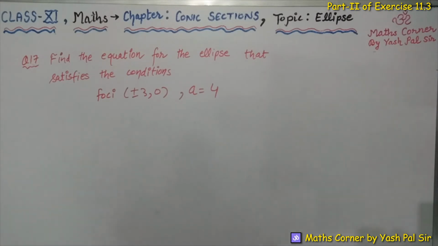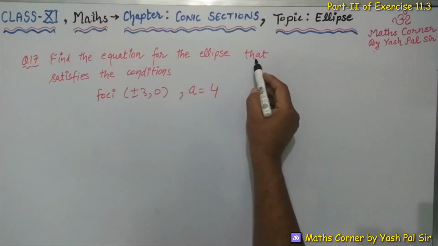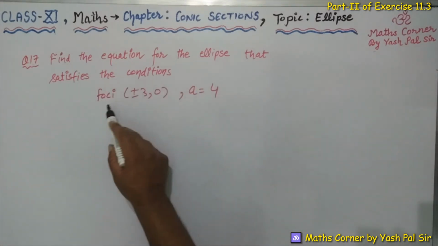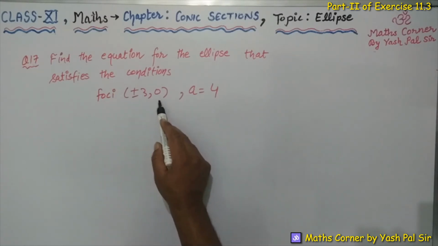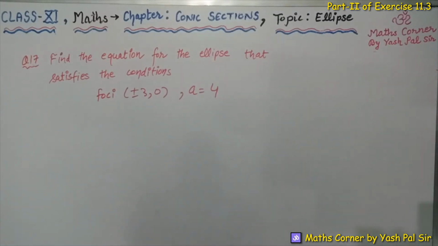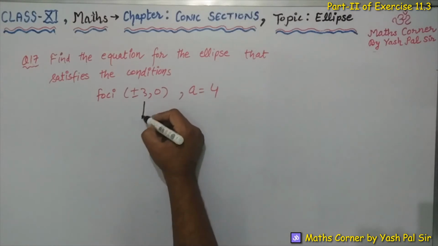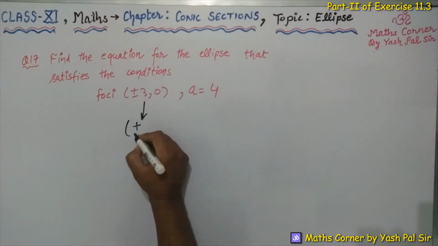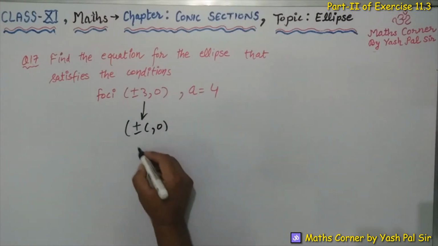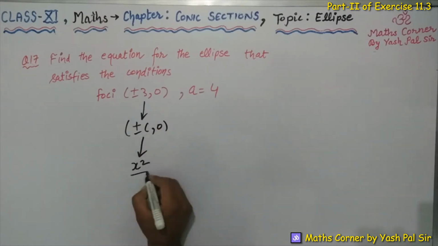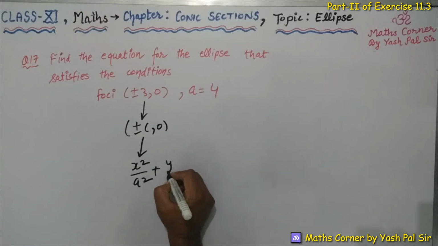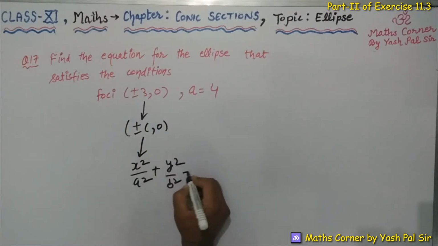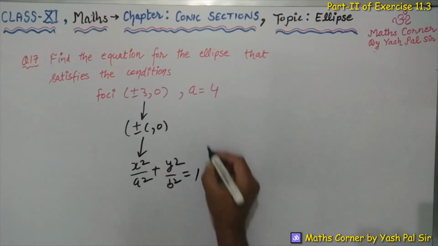Question number 17. Find the equation for the ellipse that satisfies the conditions: foci plus minus 3, 0 and a is equal to 4. Foci, this is plus minus c, 0 and this is from the equation x square upon a square plus y square upon b square is equal to 1.